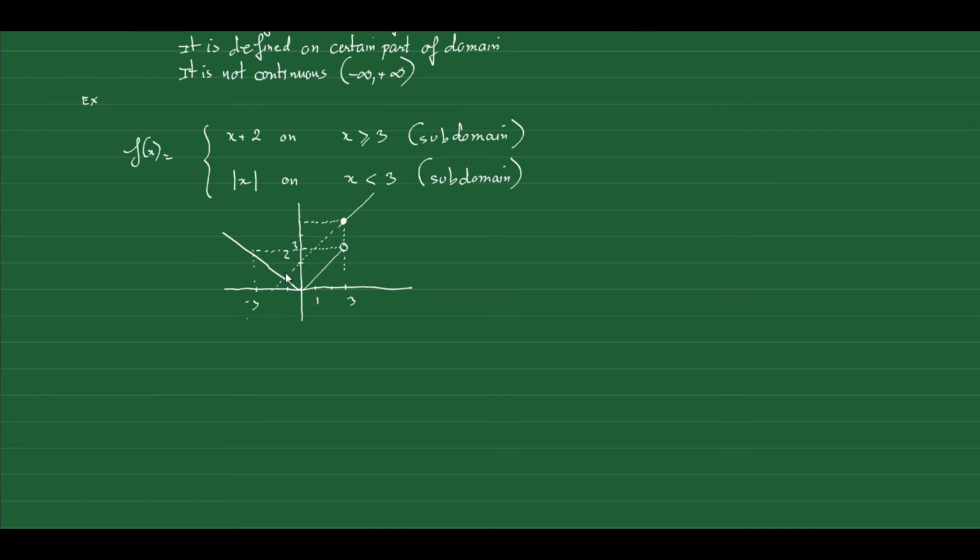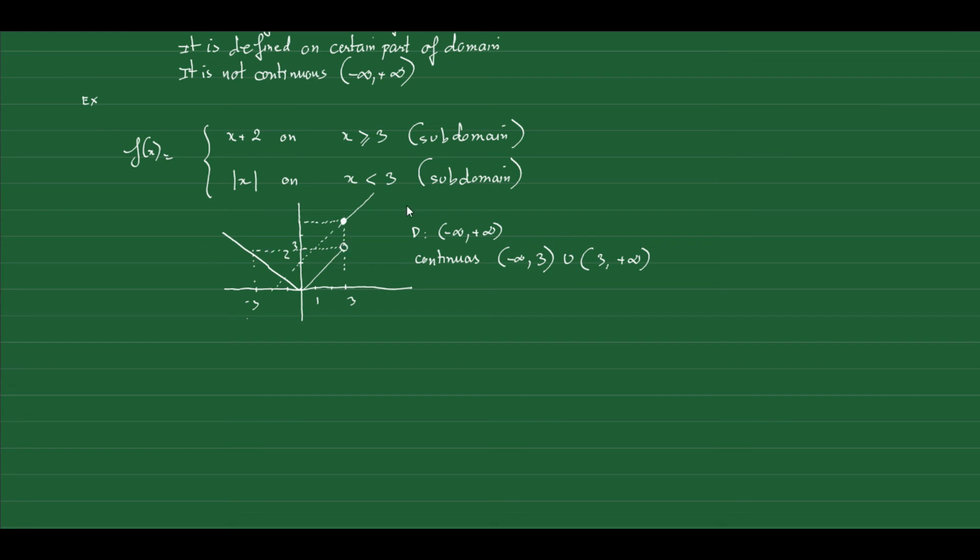So there's no way it's continuous, even though it's defined everywhere. The domain is everywhere, but it's not continuous. It's continuous from negative infinity to 3 and from 3 to positive infinity, because it's continuous there, but it's not continuous on the whole domain.